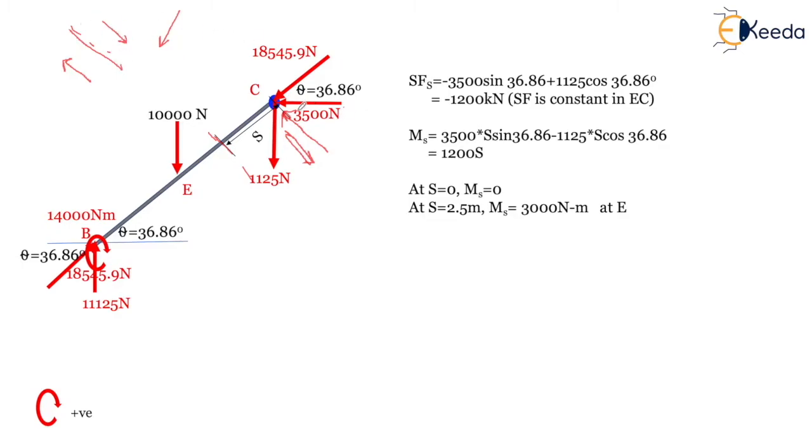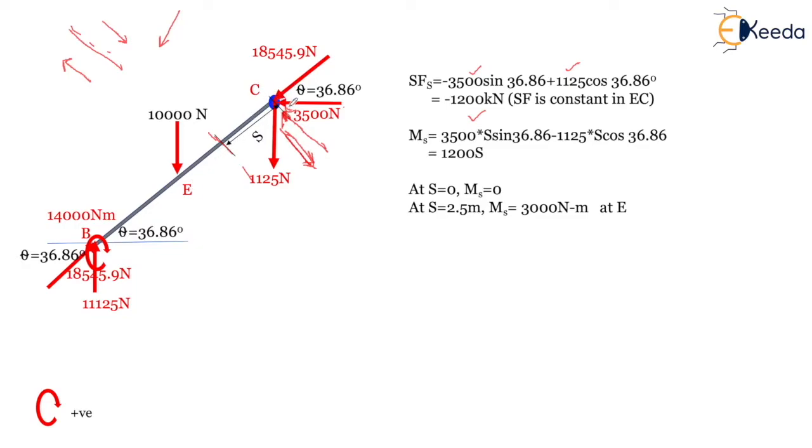So for this 3500, our component is going up, so that becomes negative. We have written the negative component here. And for the 1125, because it is going downward, its component perpendicular to this line will be positive. So with this we get the shear force for this particular portion as minus 1200 kilonewton. For this particular region, it is constant.